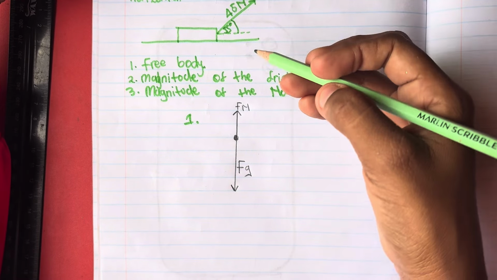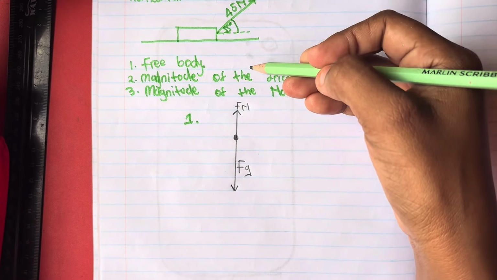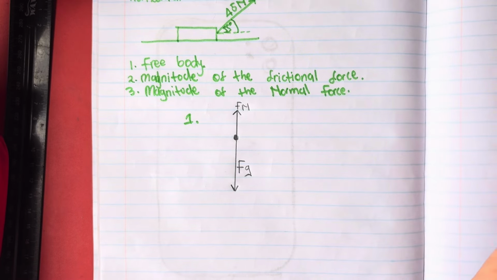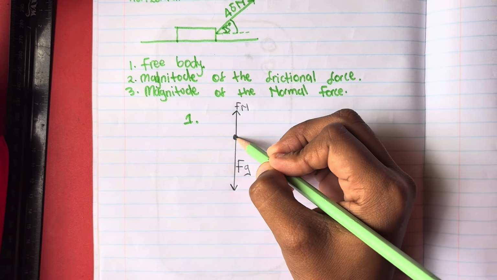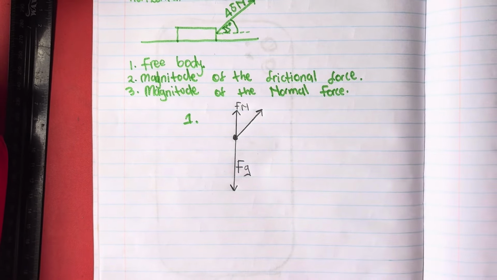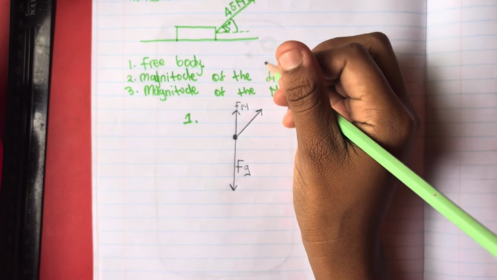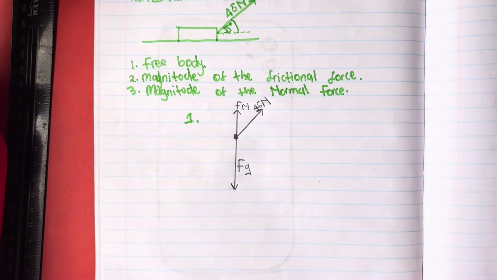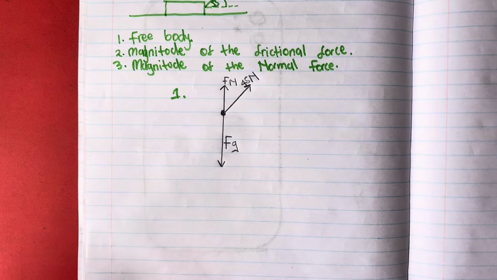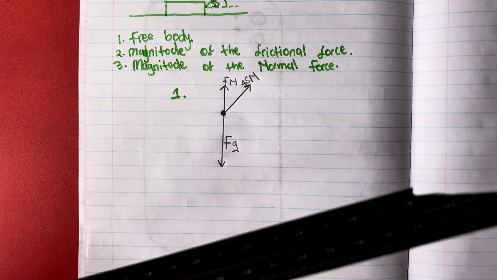Don't break it down into its Fx component and its Fy component. It's going to be incorrect. Because it's acting at an angle, we will put it down at an angle. So this will be 45 Newton, right?